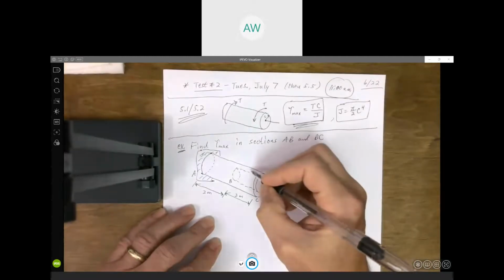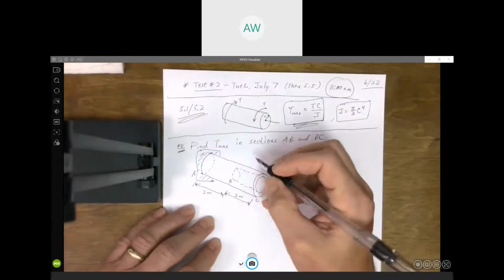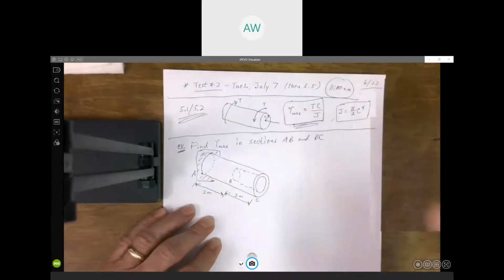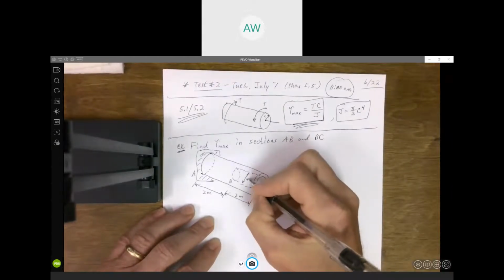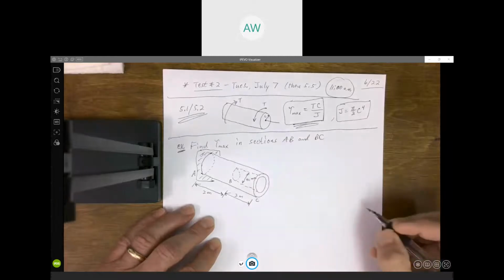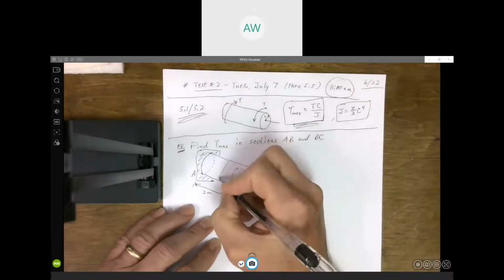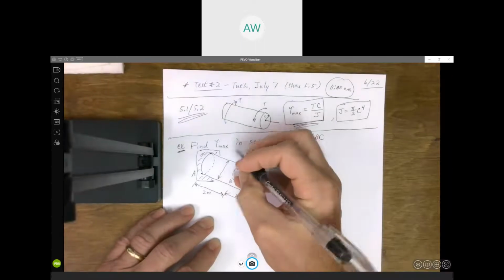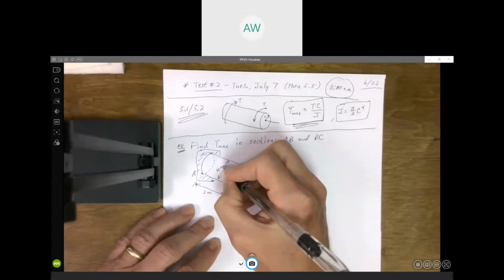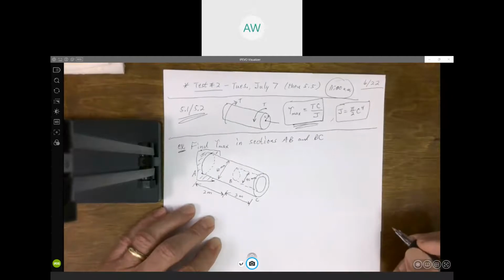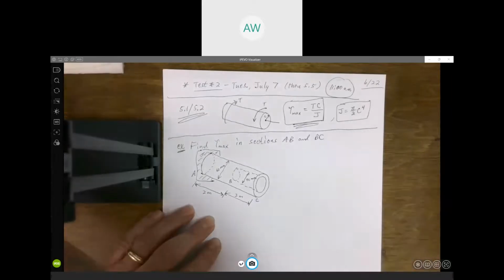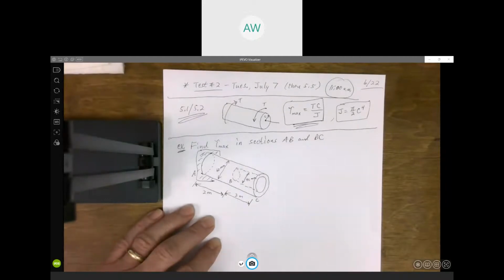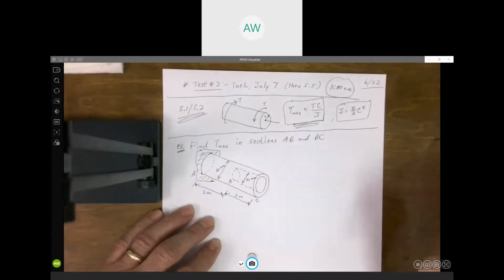Mine kind of looks like it tapers a little bit, but the hollow part is the same size all the way down. It's got a 40 millimeter diameter. The solid part back here has a diameter of 60 millimeters. Let's see. I think I've got all my dimensions, and there are 2 torques acting on this shaft.